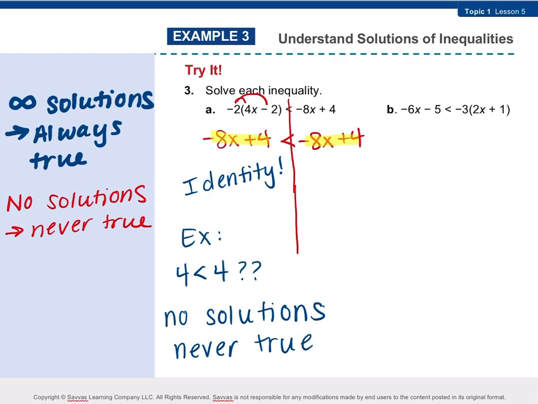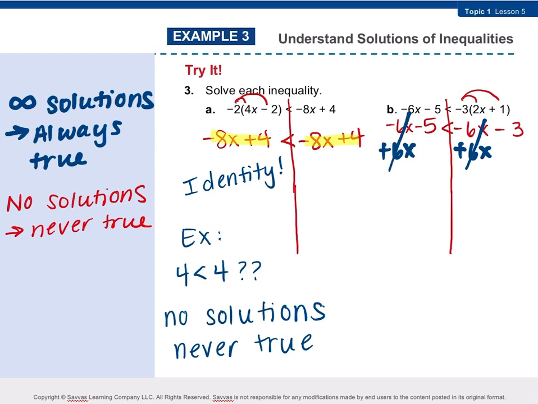Similar now to B. For B, again, setting up to solve and distributing the negative 3, I'll get negative 6x minus 3 is greater than negative 6x minus 5. So when I go to eliminate one of those x's, say I'm going to add 6x to try and get rid of one of my x's, what happens is odd, because then since the x's are the same on both sides, they actually both eliminate.